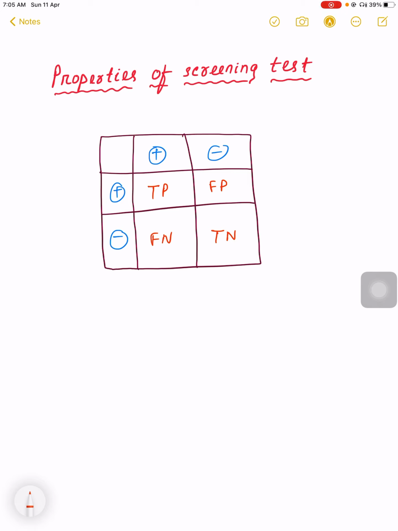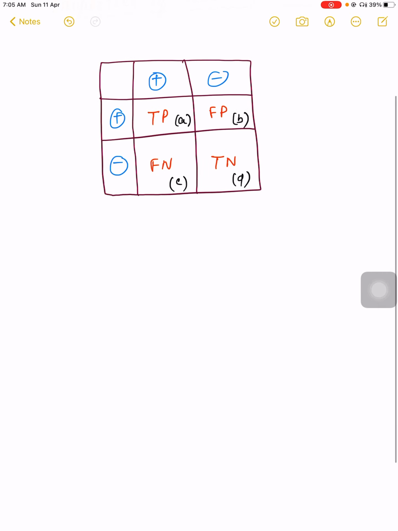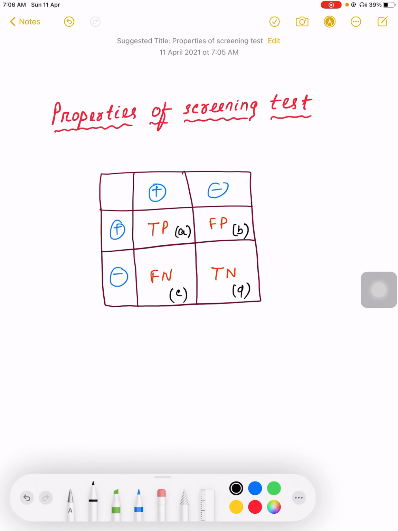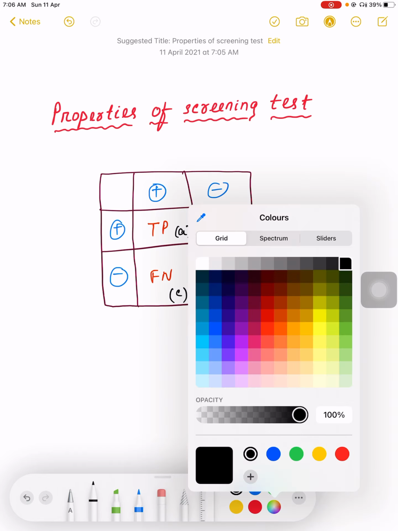True positive you can also write as A. False positive you can write as B. False negative you can write as C. True negative you can write as D. Fine. Then how will you calculate this? Properties of screening test means there are four properties.